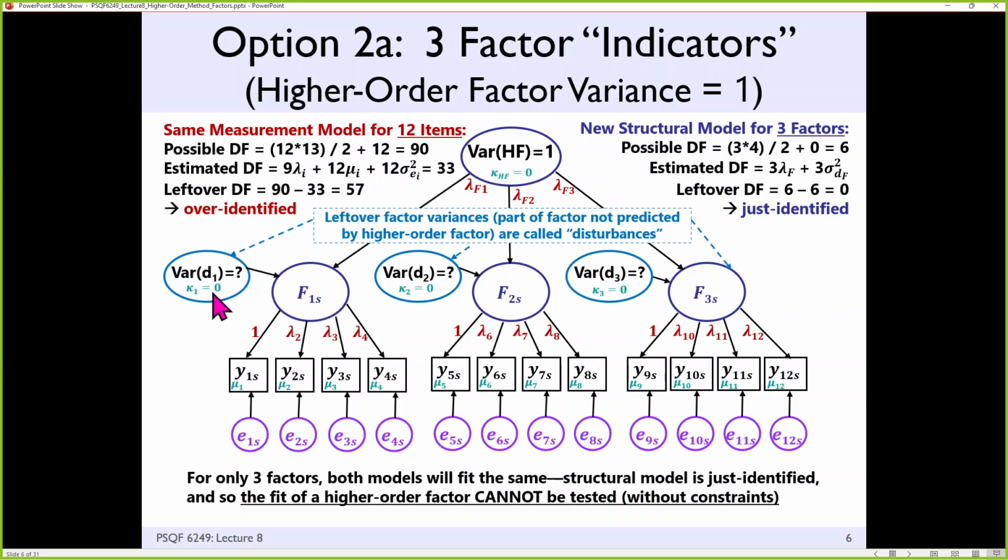And rather than call those error variances or residual variances, they call them disturbances. That's what the D stands for. Like there's a disturbance in the force. But factor variance left over that is not due to the higher order factor, that's the concept. Whatever factor 1 has that's not related to factors 2 and 3.